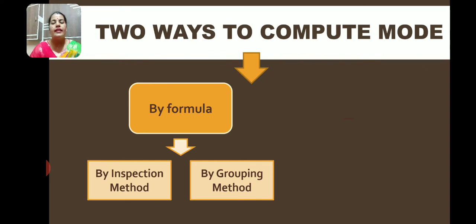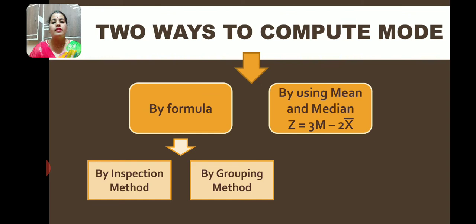The second way to compute mode is with the help of mean and median. If you don't want to use the formula of mode in continuous series, then you can find the mode this way also, where you have to calculate mean and median first, and then put these values in this formula: z is equal to 3M minus 2x bar.